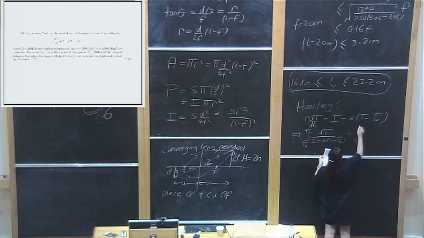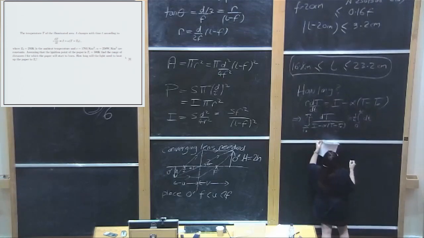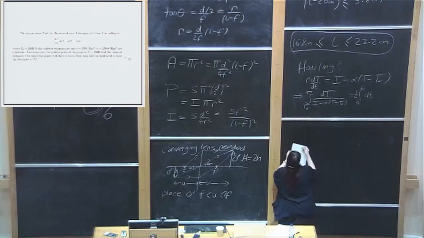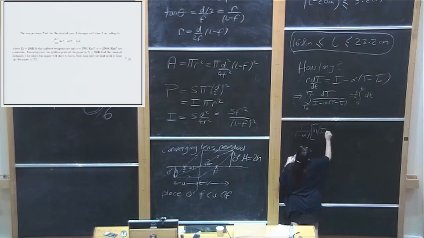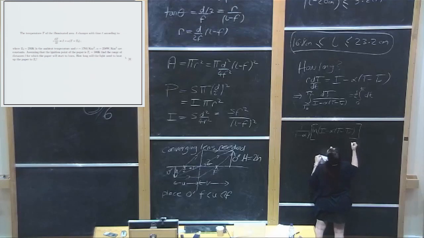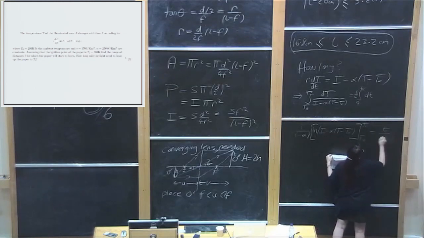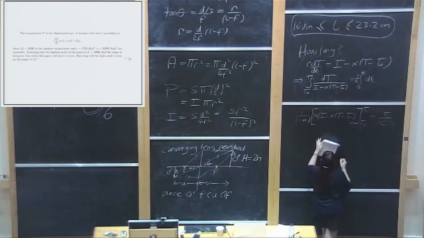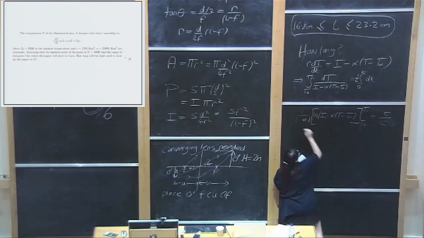It's integral from 0 to T. Okay, so let's do that integral. Right, so I've got 1 over minus alpha log I minus alpha T minus T0 equals T over C. Right, I'm going to take that minus away and put it there.